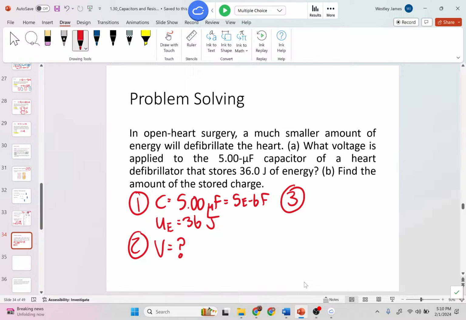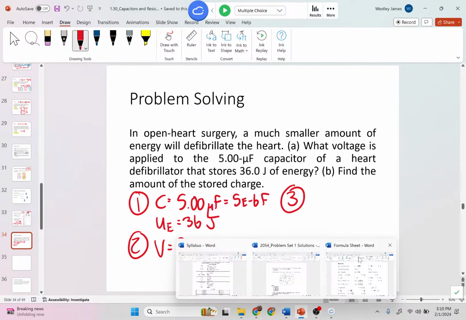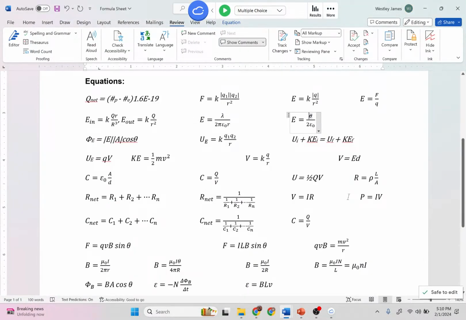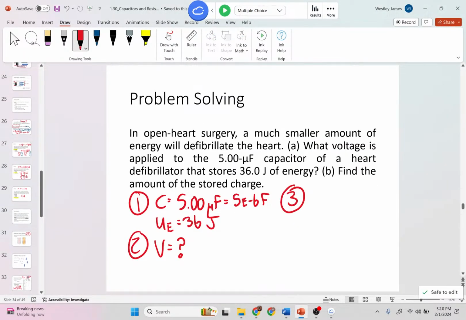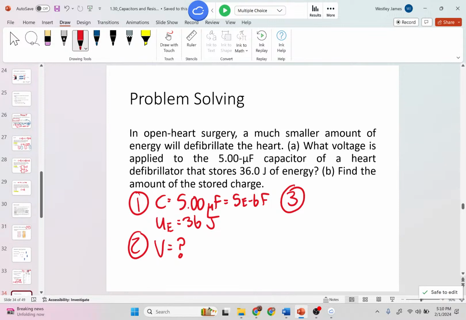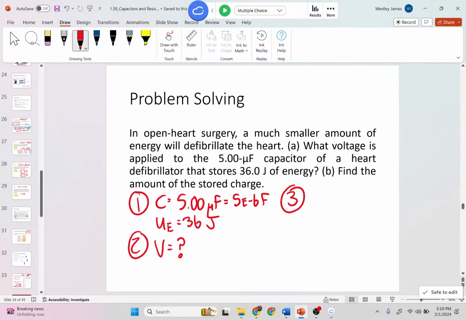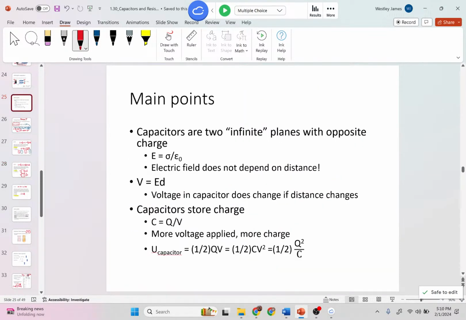So if we look at our formula sheet, which at this point you all always have access to, energy, capacitance, and voltage, you will not find it on here. You will not find one equation that relates energy, capacitance, and voltage. However, if you look back to the slides, that's because it is in the slides. So when we go back to that whole energy equation, let's see, where was that at?